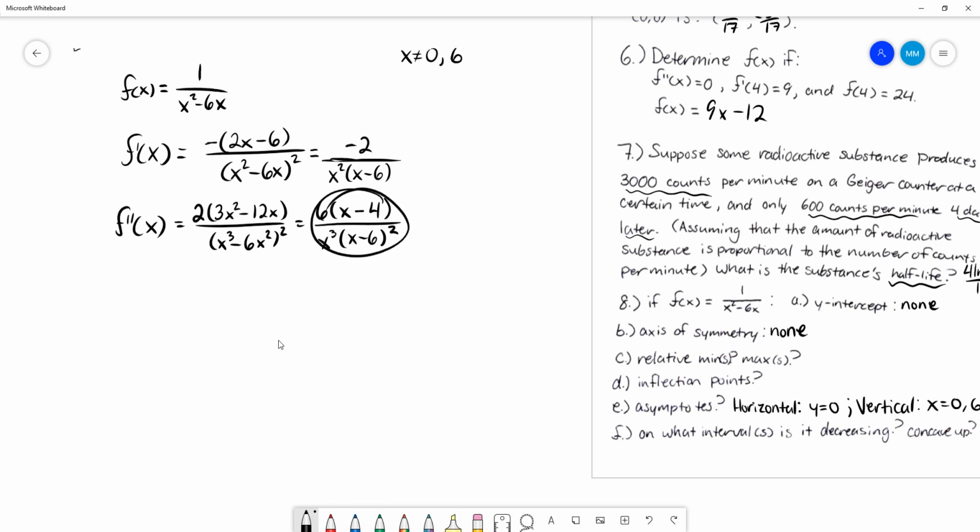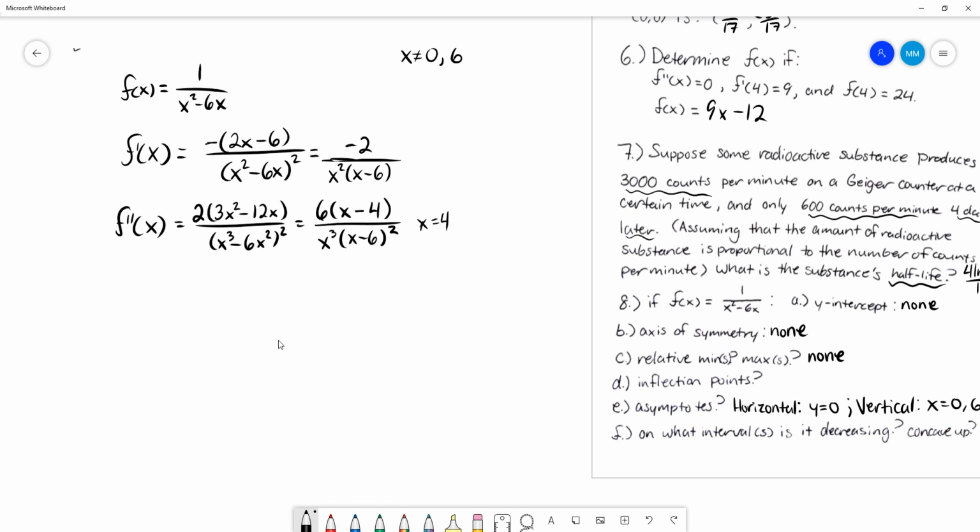Let's see, for this though, we have an inflection point at x equals 4, and then again, x can't equal 0 and x can't equal 6. Okay, so in terms of relative minimums and maximums, I don't think we'll have any. So I'm going to put none, right, because there are no critical points. We just have asymptotes and an inflection point.